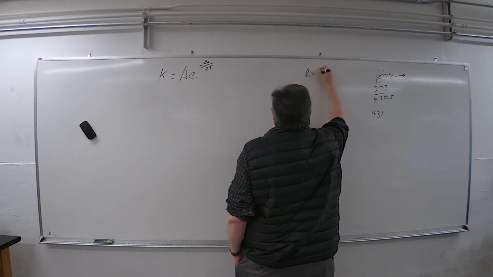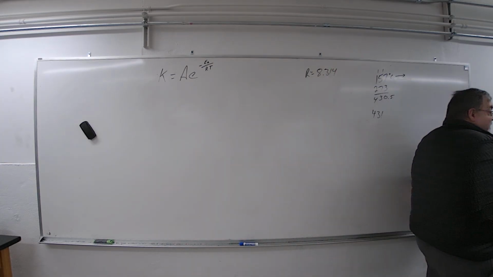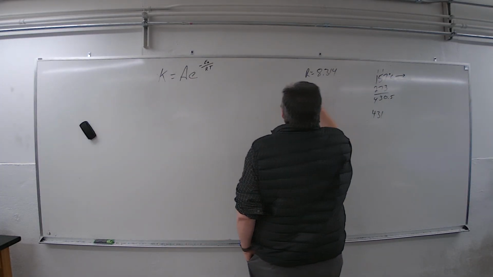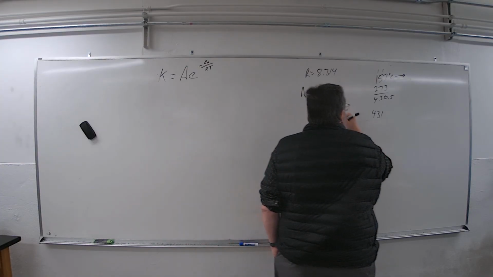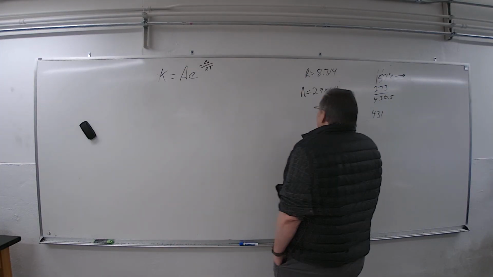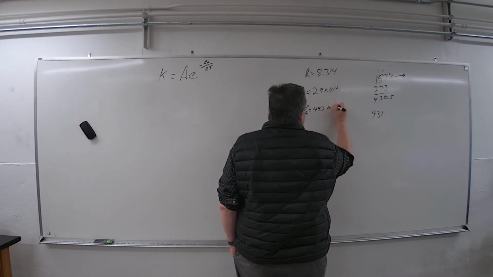R is 8.314, the frequency factor is 2.9 times 10 to the 12. And then finally, the activation energy is 49.2 kilojoules.